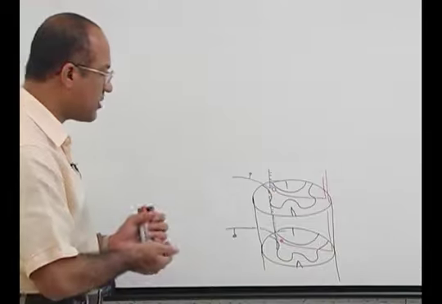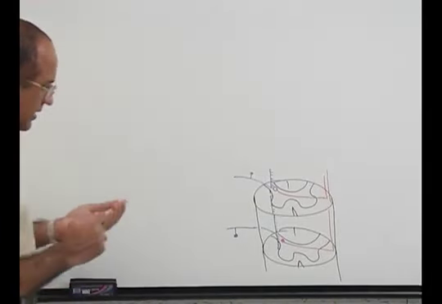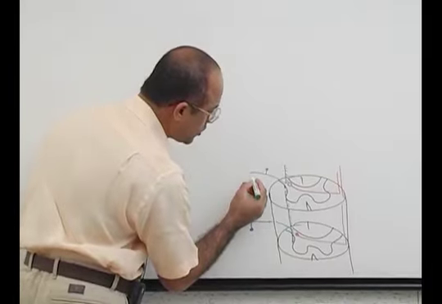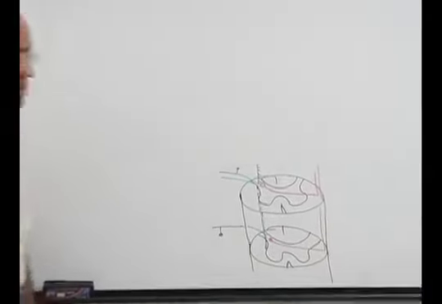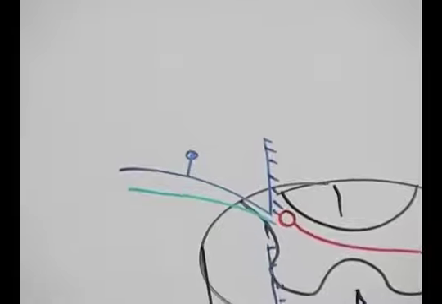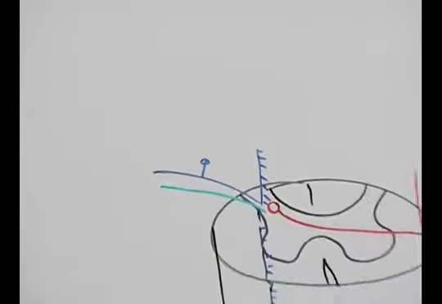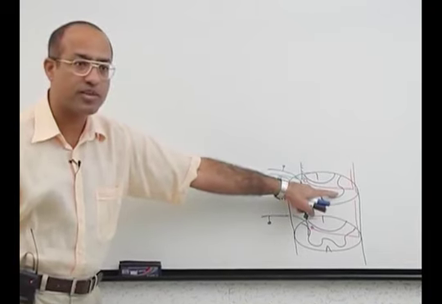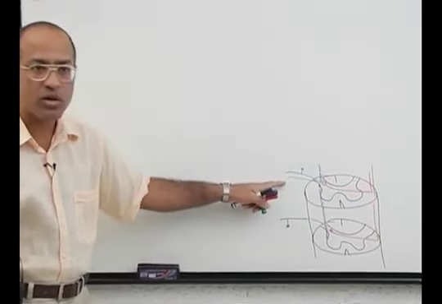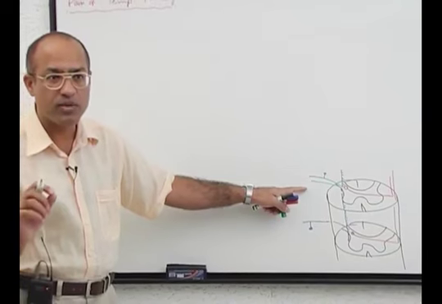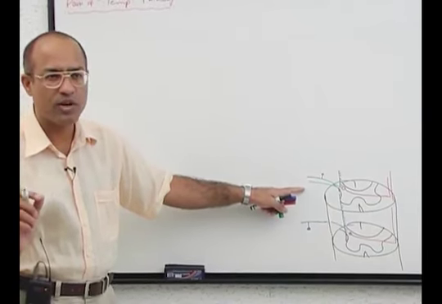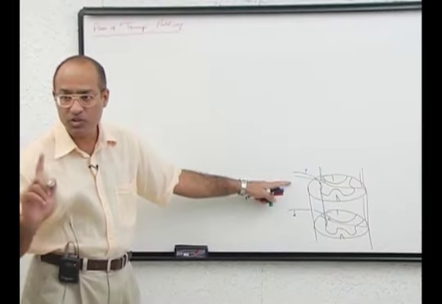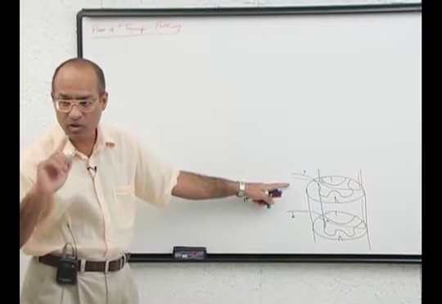Then the remaining story is simple, but I would like at the same level to mention the crude touch. You know, crude touch is also going through anterolateral system. Now this blue pathway and red pathway is showing pain and temperature. I've introduced one more pathway which is for the crude touch or light touch, not fine touch, not vibration, not position, because these senses are taken by dorsal column.